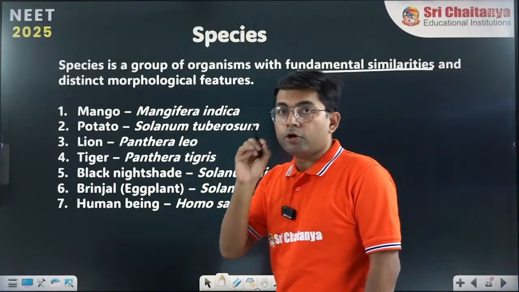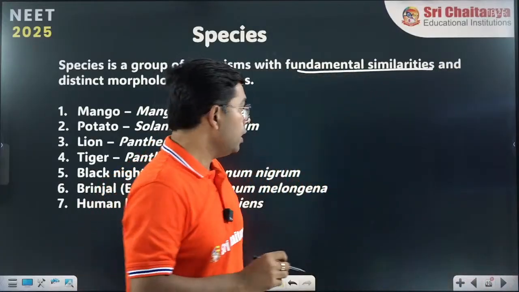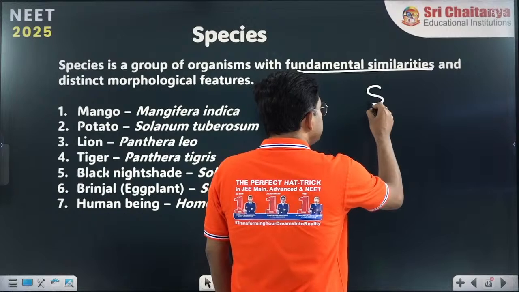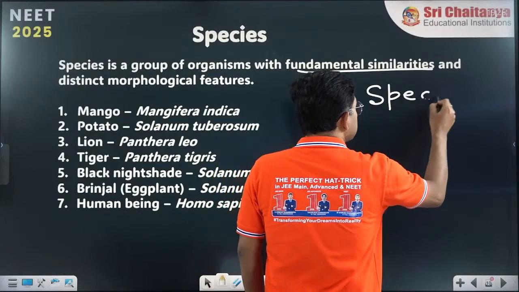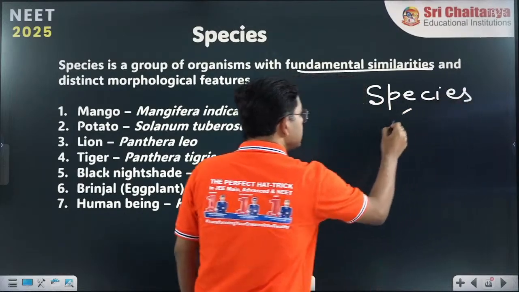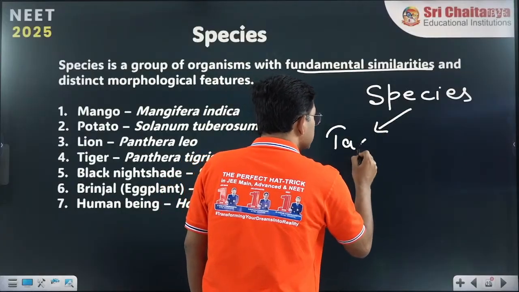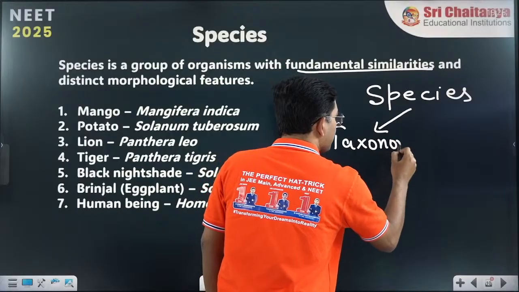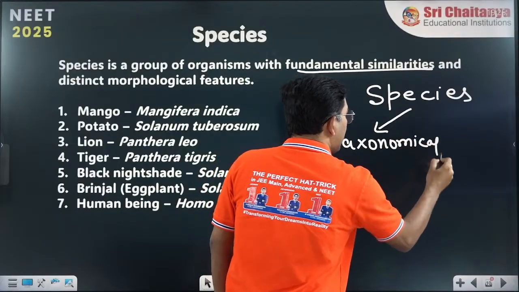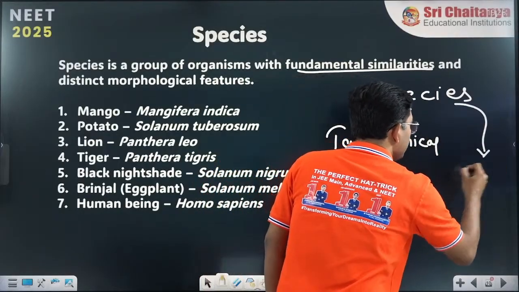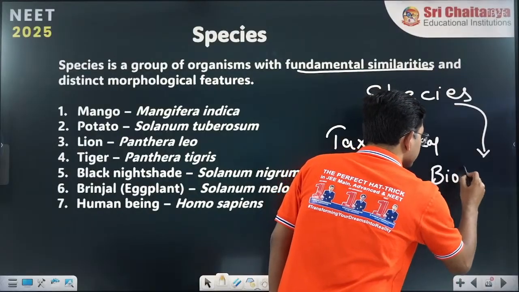Now here one concept is very crucial. Species has two concepts. One is the taxonomical concept of species and another is the biological concept of species.